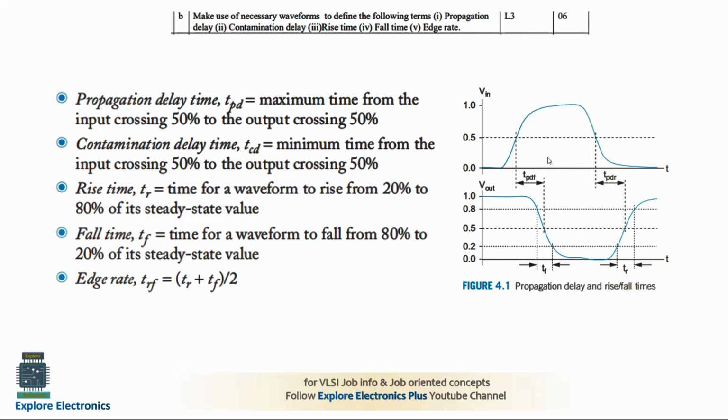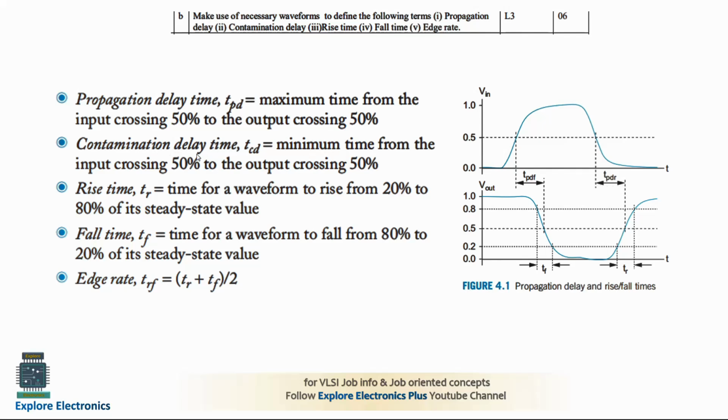We need to consider the time at which input is crossing 50% of the value, and we need to take the output which is crossing 50% below. That time will be called as propagation delay. You can see this is the propagation delay when the output is falling, and similarly this is the propagation delay when the output is rising, we can say.